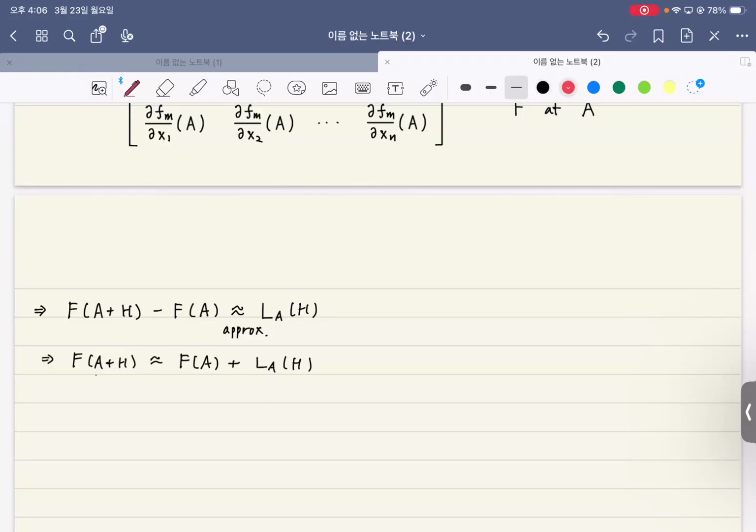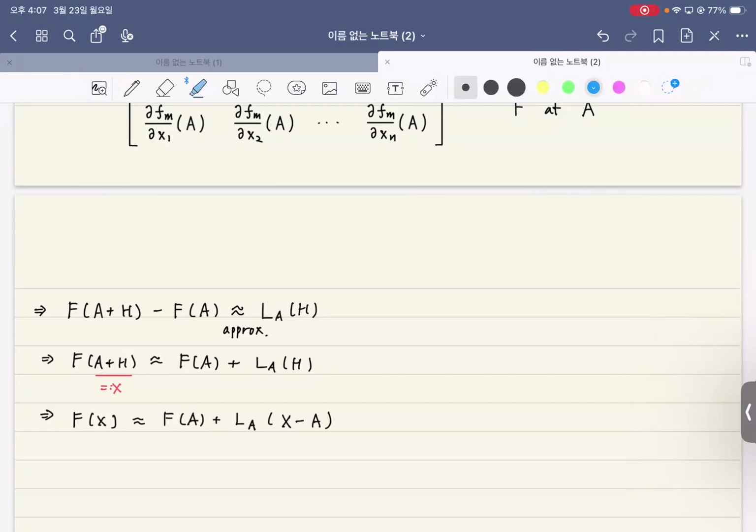Now let me change our notation a little bit. I want to put a plus h to be x. Then f of x is approximately f of a plus L_a times h, and since a plus h is x, h is x minus a, right?